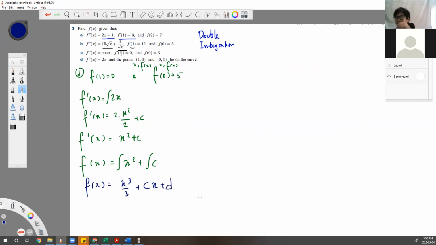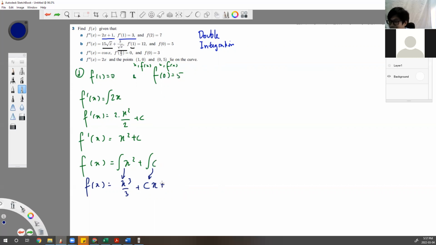I put d. Do you make sense of this, Vicky? The other c. Can you explain? Explain what? From the beginning? The cx plus d. Oh, okay. This will be a regular integration as well because c is a constant. For example, if this is 5, it is 5x. If this is 6, 6x.